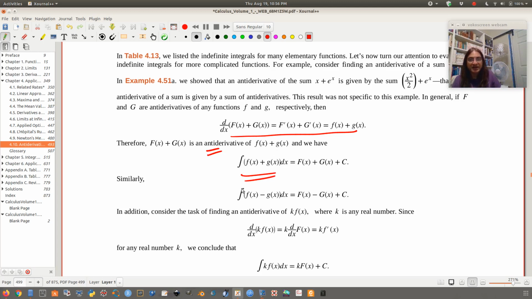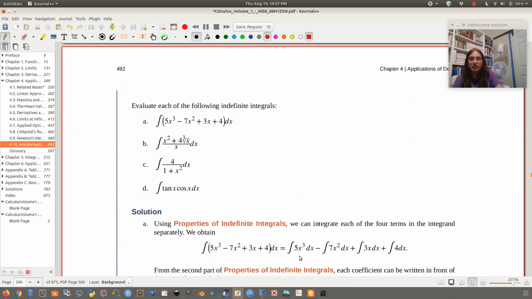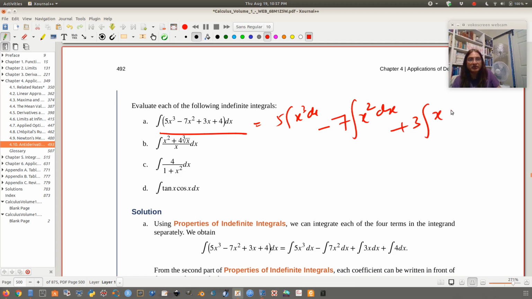Whether it's a positive sign, minus sign, and a constant, the constant comes out of the integral sign. Okay, so therefore, if you have to do the integral of these, it is equal to 5 times the integral of x cubed, minus 7 times the integral of x squared, plus 3 times the integral of x, plus 4 times the integral of dx.